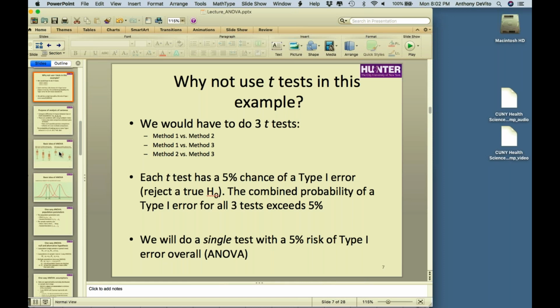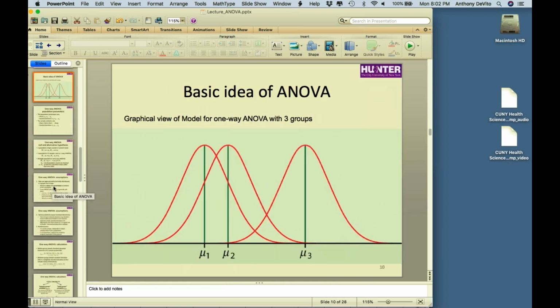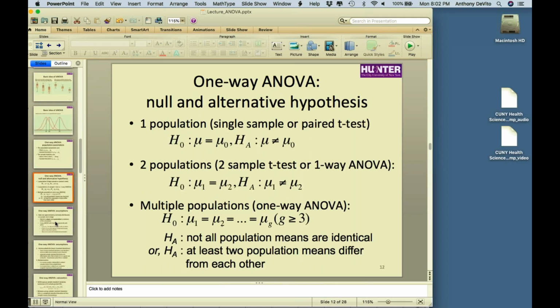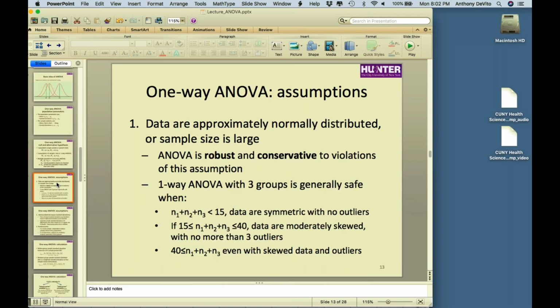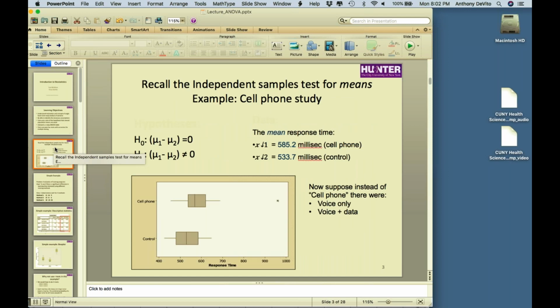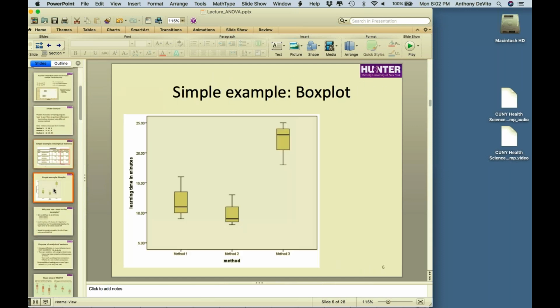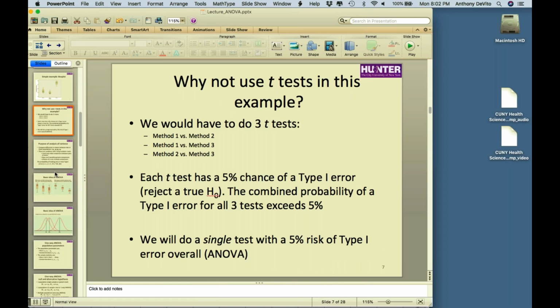I don't want to escape without confirming that. Slide 14, a little further down.